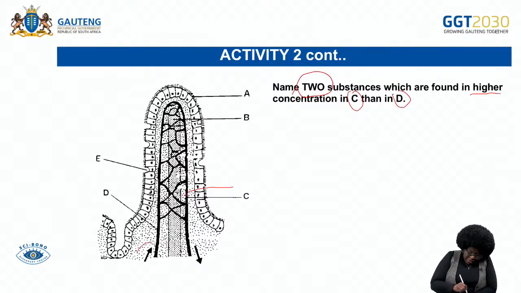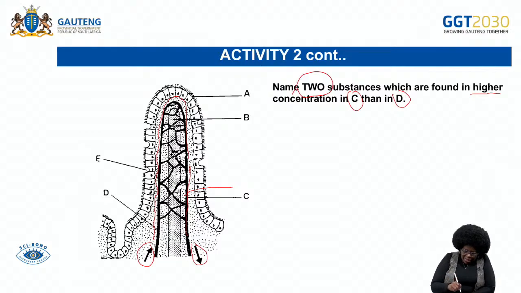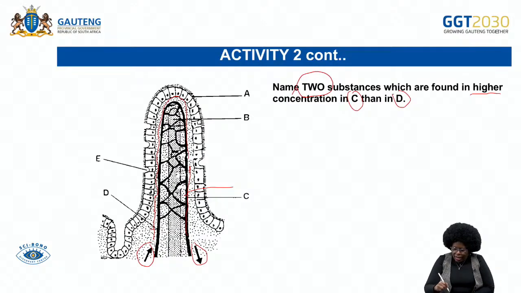You see this arrow here is leading us into the villi, and in the process there's absorption taking place. But now, as we carry on, we find C, which is leading us to the exit of the villi. So you name 2 substances which are found in higher concentration in C than D. Right, let's see if you have the correct answer.